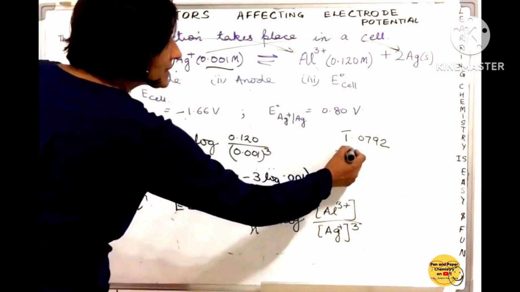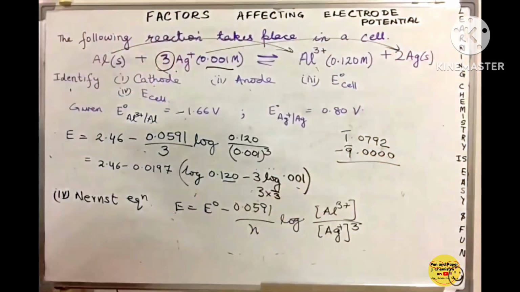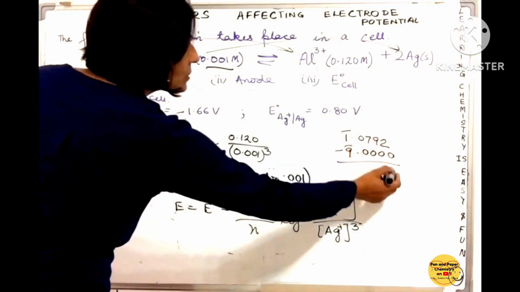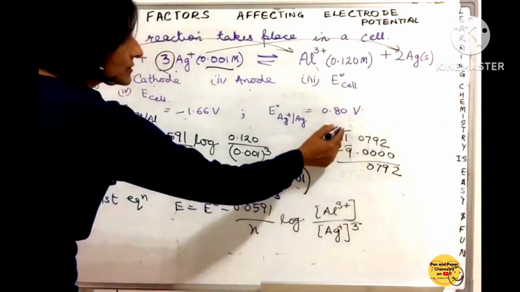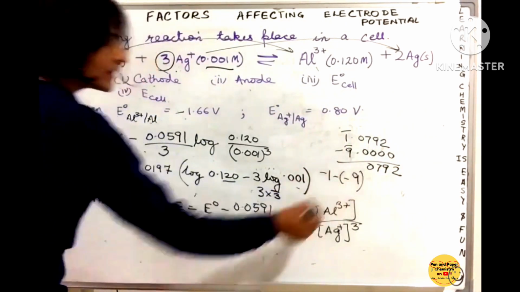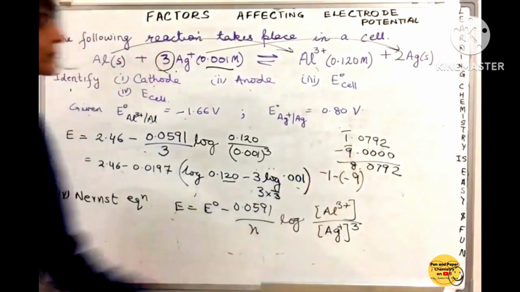So minus 9 bar. Again, if you are not able to relate to it, please see the video on logarithms. And we get over here 2970. Now minus 1 minus 9 gives me a value of 8 bar.